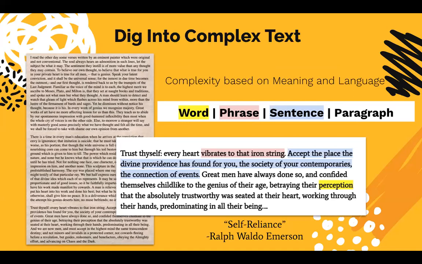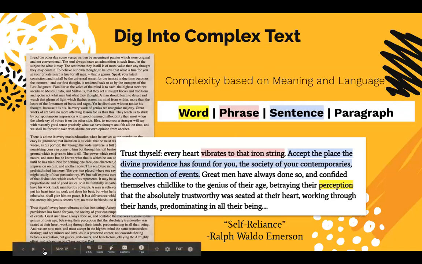When you have your students really digging into a word, a phrase, a sentence, a paragraph within a longer text, what you're really doing is encouraging them and pushing them towards thinking more critically, towards digging in more deeply. And that is going to encourage them to understand the text more comprehensively and be able to talk about it. So this is an example of a complex text that is based on meaning and language.